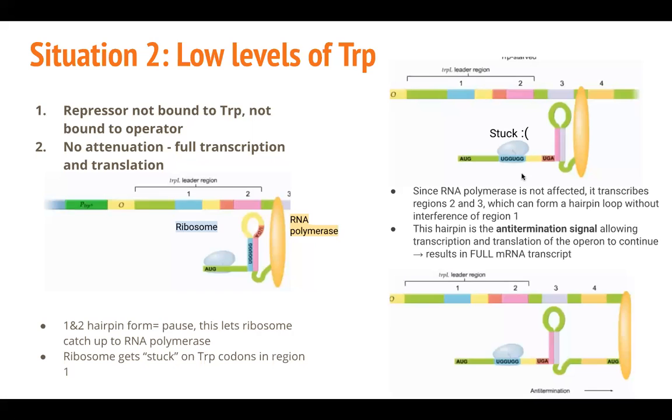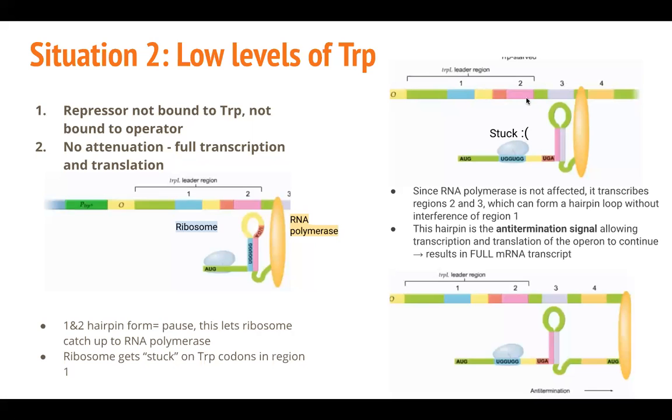If it's stuck here on region, actually, I used to use a different diagram, but I think it's region 2. Yeah. If it's stuck here on region 2, that means that it cannot bind with 3. The ribosome gets stuck on 2, doesn't it?